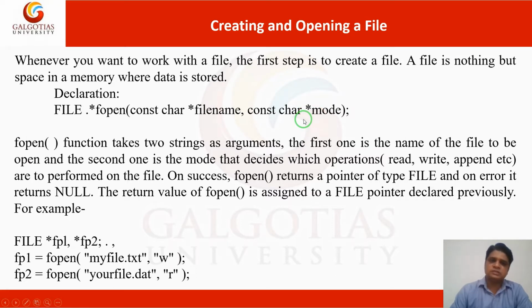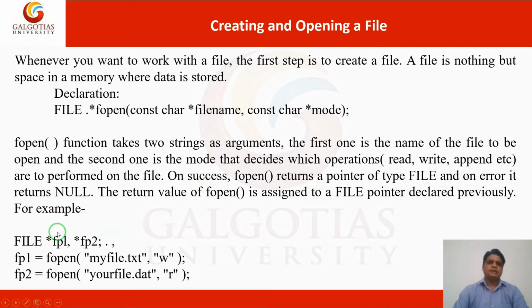Once it succeeds, meaning the file is created, a pointer of type FILE is returned, and if any problem occurs in creating the file, it returns NULL. So with the fopen function we can create a file and open it for further operations like reading, writing, or appending data.